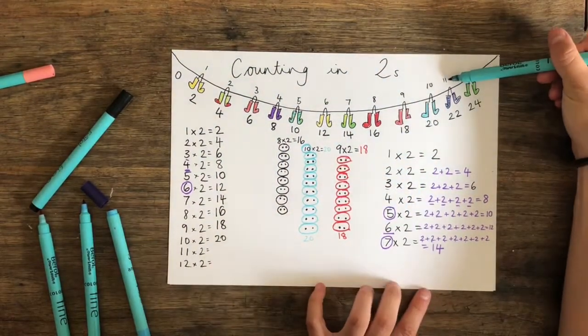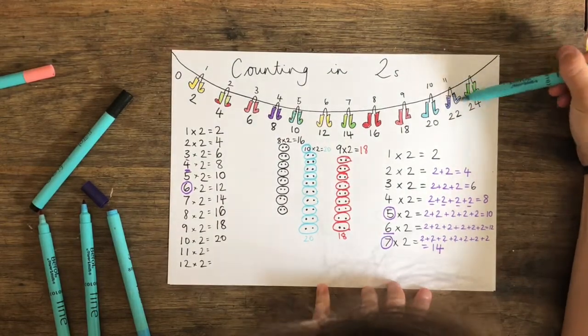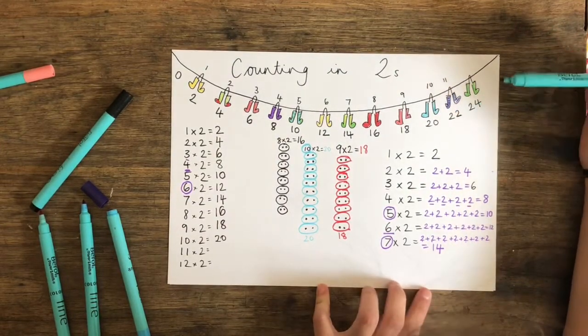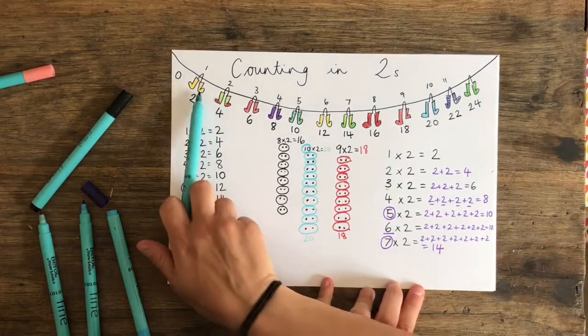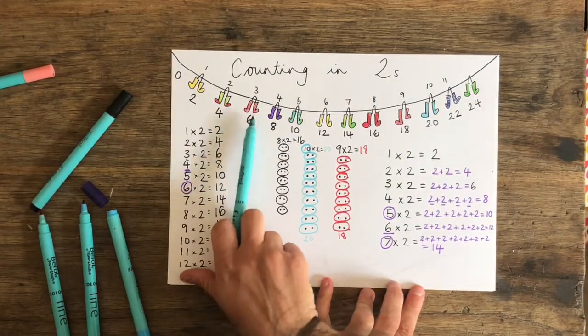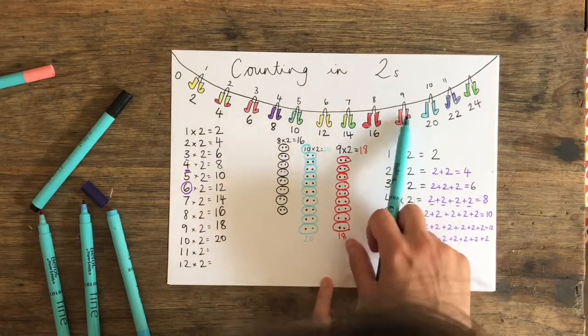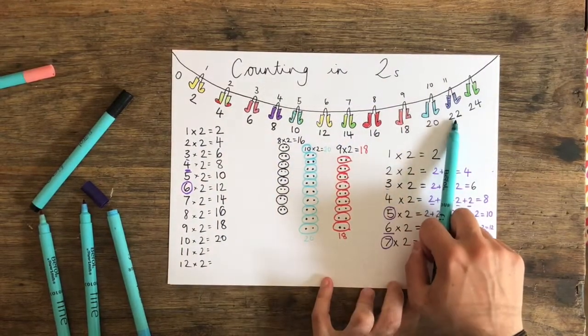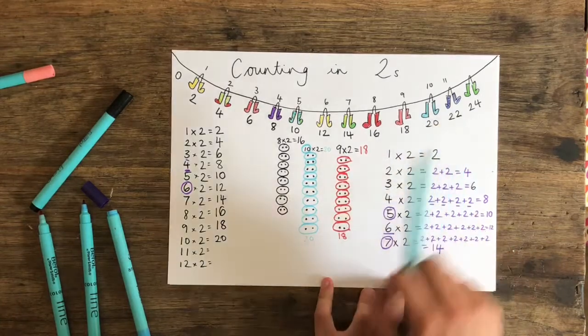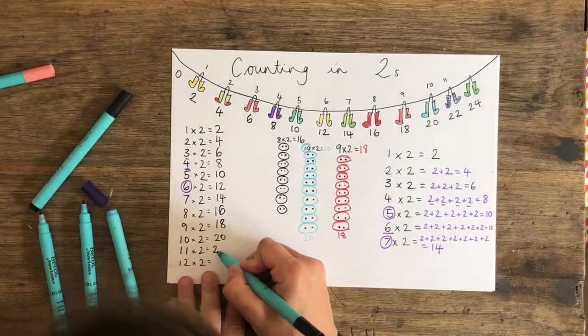And what number is underneath the 11th pair of socks? 22. Let's check if we're right. 2, 4, 6, 8, 10, 12, 14, 16, 18, 20, 22. So 11 times 2 is 22.